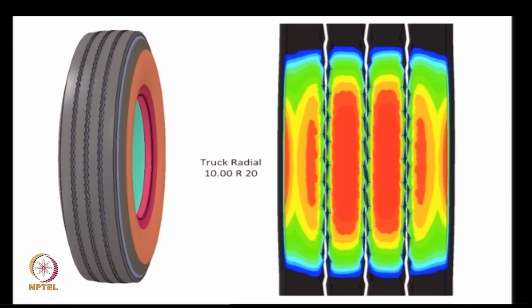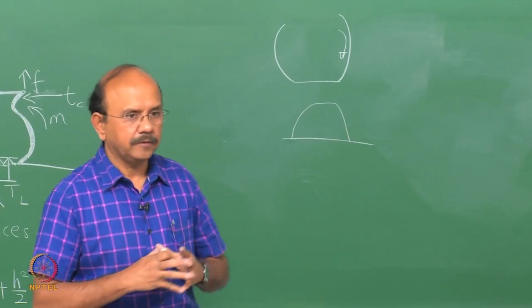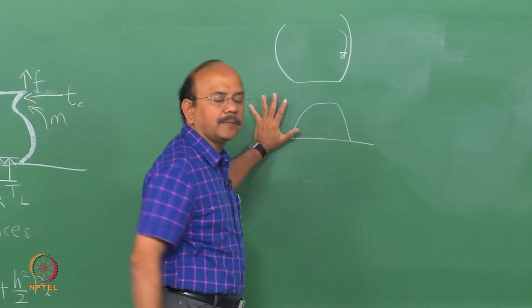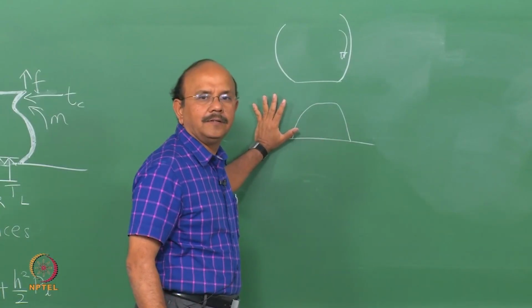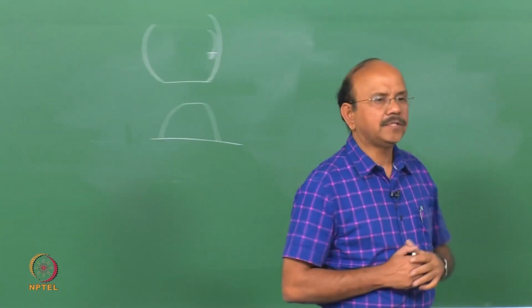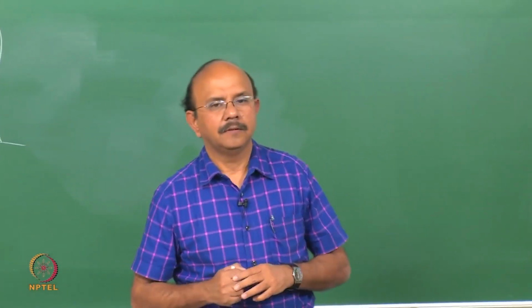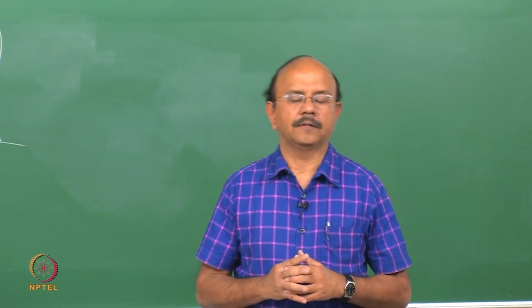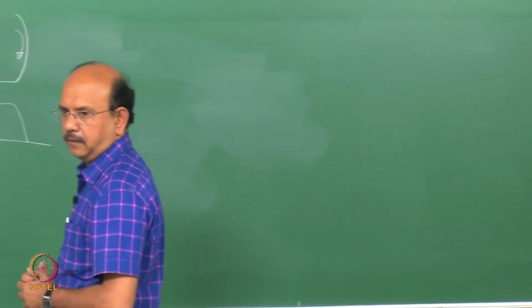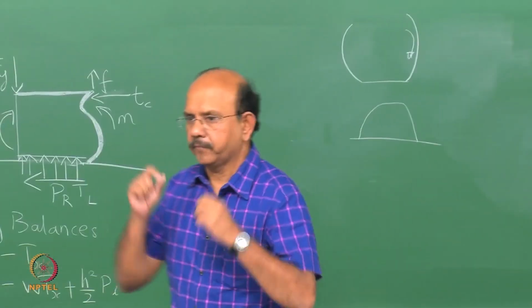Though we assumed a shape in order to understand the fundamental interactions, the contact patch is not uniform. Let's understand a bit about the contact patch, because that's an important parameter for the vehicle road interactions.